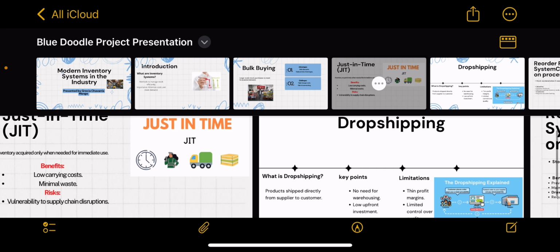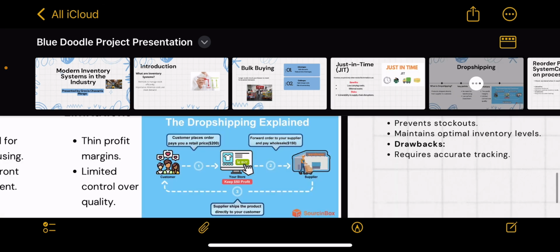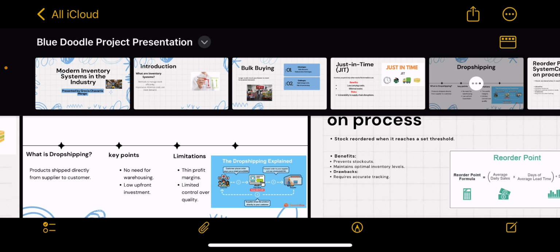As you can see in this image, a customer places an order and pays you the retail price. The supplier ships the product directly to your customer, you forward the order to your supplier and pay wholesale, immediately. It's a close relationship, a direct connection.